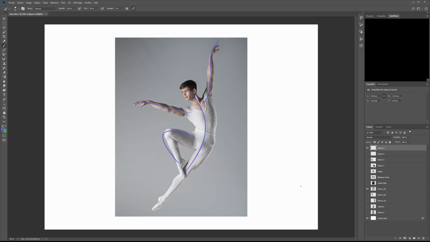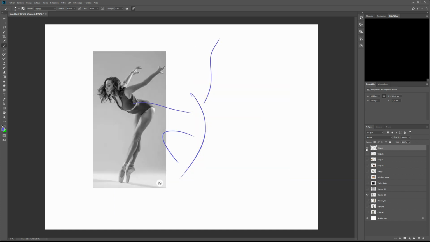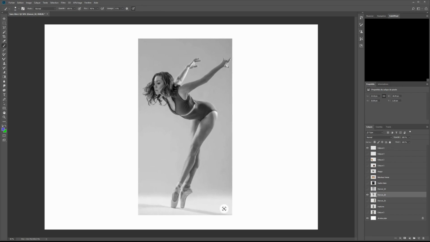Okay, so now we're gonna talk about the strength of the curves. So to do that, we're gonna get back to this girl. Okay, so here you see, if I draw the attitude curves, I have a few.